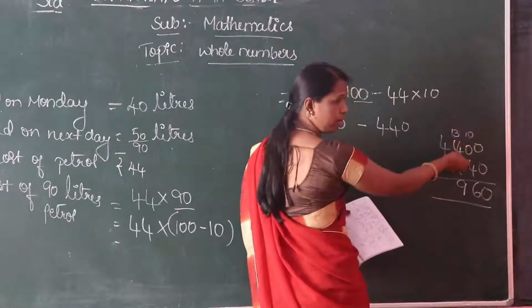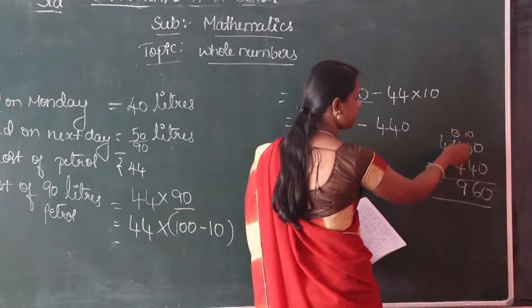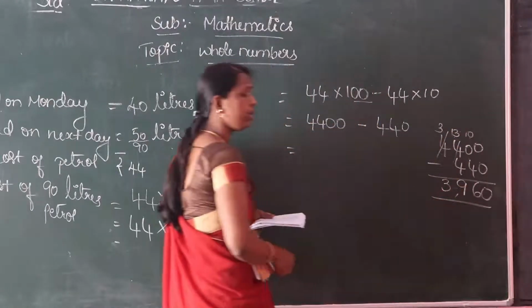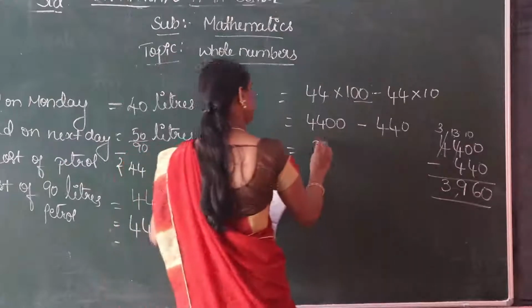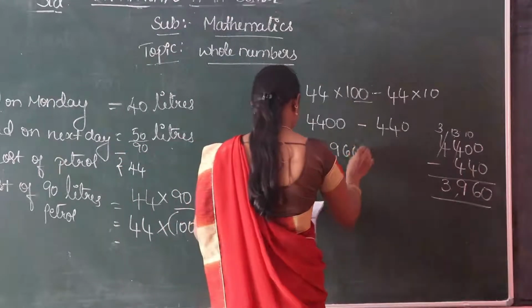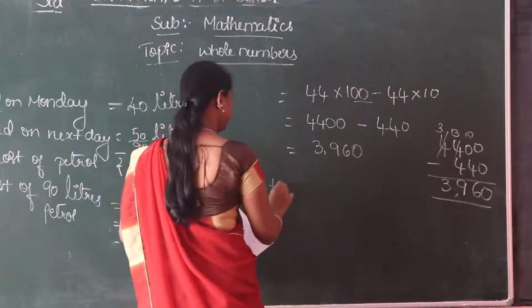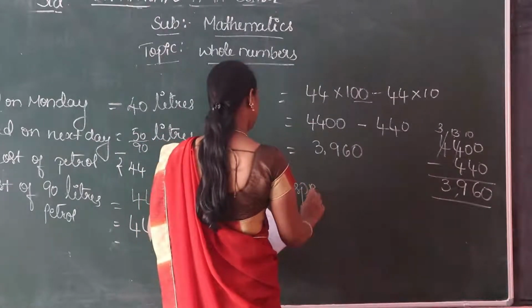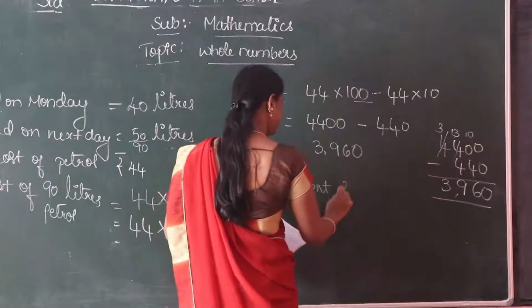Here we borrow from the 100s, so this 4 becomes 3. So the answer is 3960. Therefore, we spent for 90 liters of petrol rupees 3960.